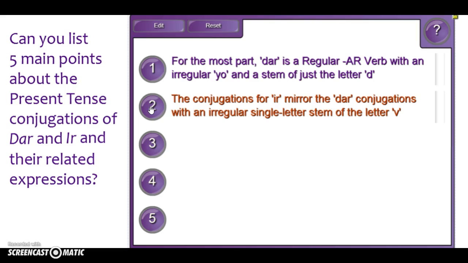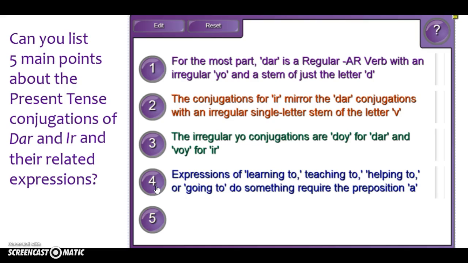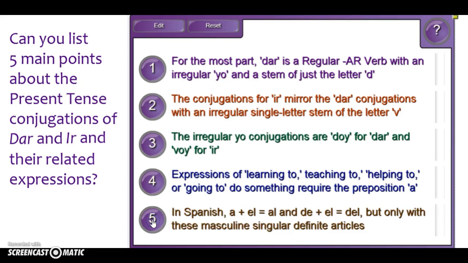It has an irregular stem of the letter V, and the rest of the pattern follows dar. Those two irregular yo conjugations: dar conjugates as doy and ir as voy. When we are making the expressions of learning to do something, teaching to, helping to, or going to, between our conjugated verb and our infinitive verb, we need the preposition a. And lastly, a and el become al, and de and el become del, only with the masculine singular definite article.